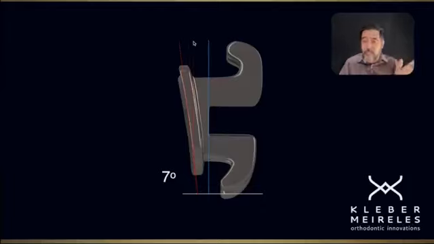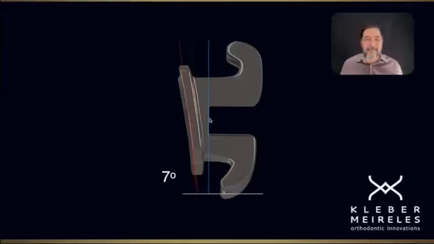We have the inclination of the base in relation to the slot, in relation to the bottom of the slot, the vertical wall of the slot. I'm confusing myself now. The vertical slot and the vertical wall here.